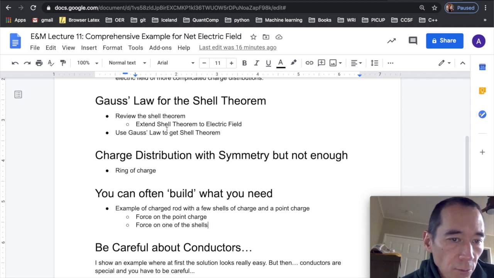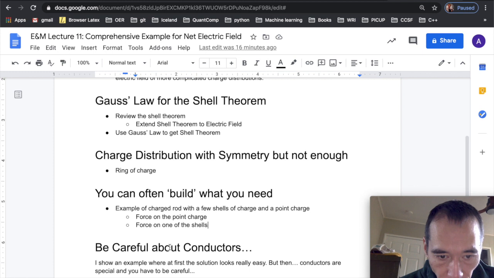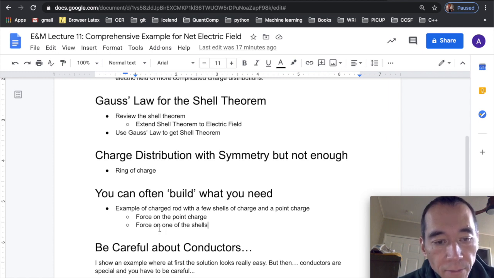We've got a Shell Theorem result, we can use Gauss's law, and we've done some work determining the electric field of a charged rod, etc. I'm going to show you an example of using lots of these results to solve a simple problem, where if you tried to solve it from a very basic first principles starting point, it'd just take forever.